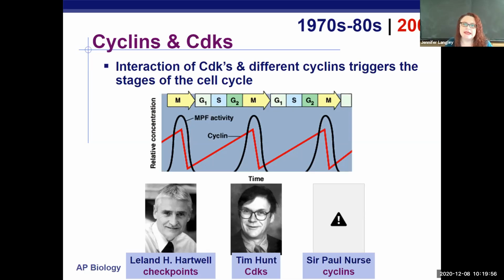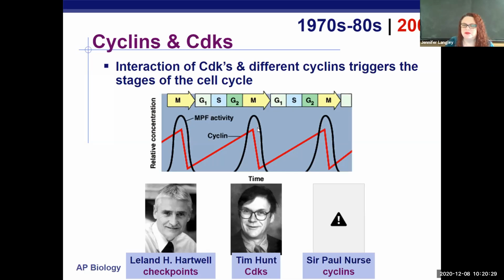Now, they studied the cell cycle and would look at what stages the cell was in and then test to see when the cyclins were present at what levels and when the MPF activity was happening. So that CDK cyclin complex, when that was actually doing a job. They were able to see that the cyclin increased to a certain point, and then the MPF activity would start to happen and mitosis would occur.